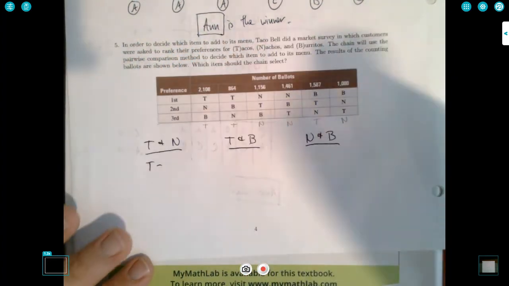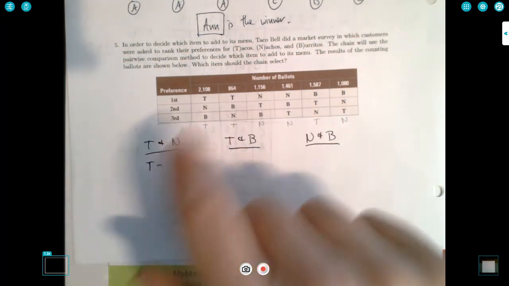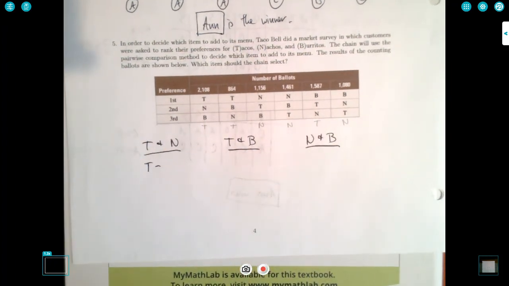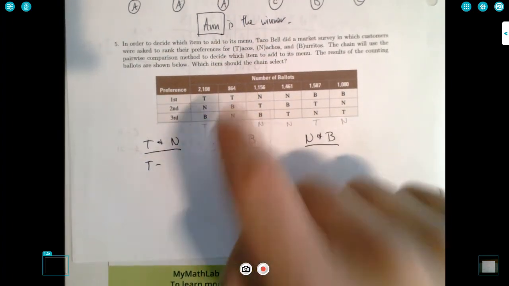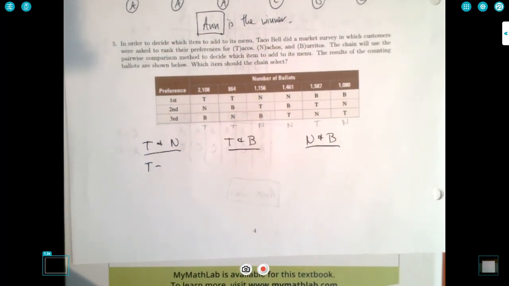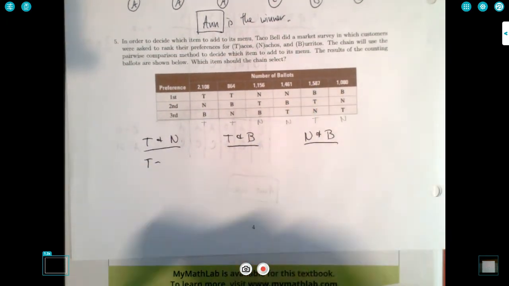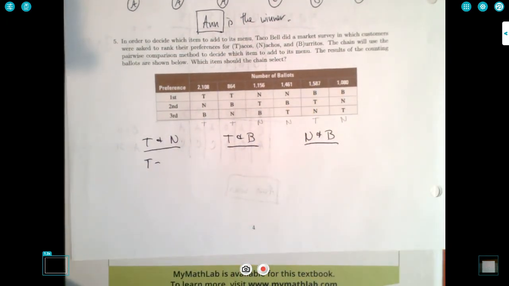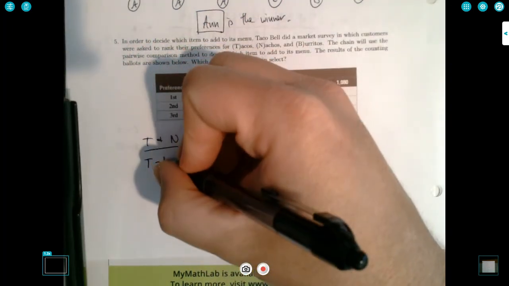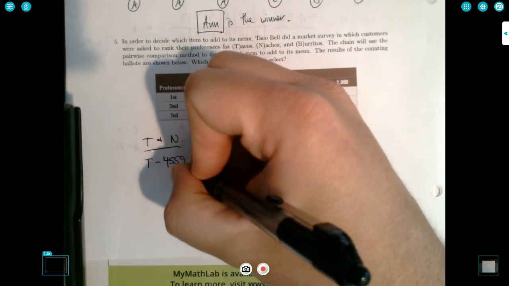So tacos would get how many votes? 2,108 plus 864 plus 1,587. That would be 4,559.